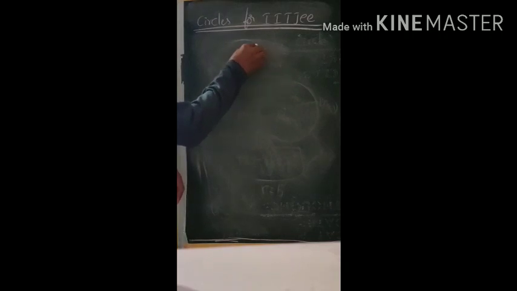So, the set of points which are equidistant from the fixed point in the same plane is called a circle.